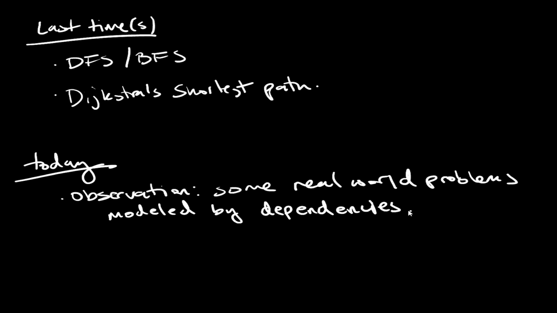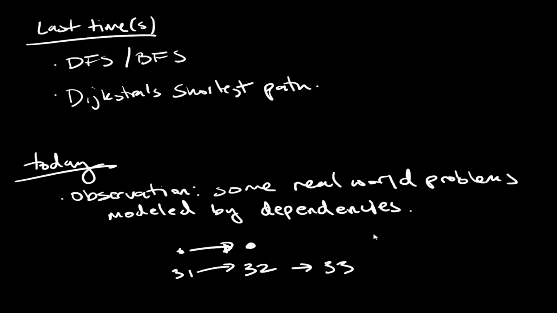For example, the running example for this lecture is going to be course prerequisites. In order to take ICS 32 here at UCI, you have to take ICS 31 first. This can be modeled using a graph, where a dependency is pointed to by the thing that depends on it. So 31 could point to 32, which could point to 33, if we're talking about classes.